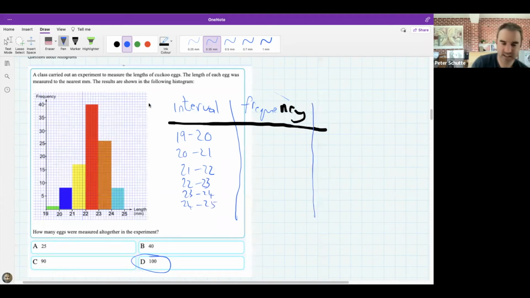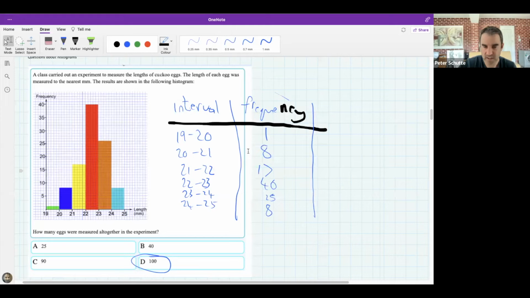But what you can see is that we can actually go backwards from a histogram. And if I look at this, that looks like it's a 1. The second one would be an 8. 6, I think that is about 17. 40. 25. And then about 8.